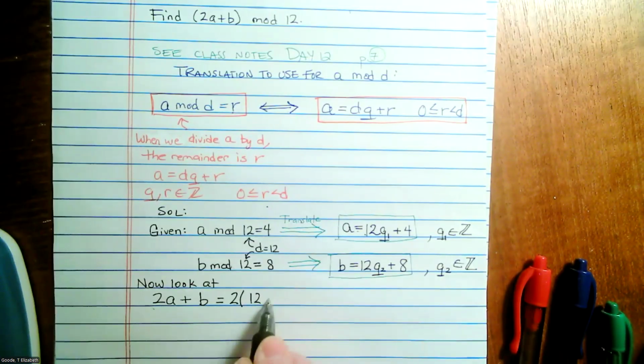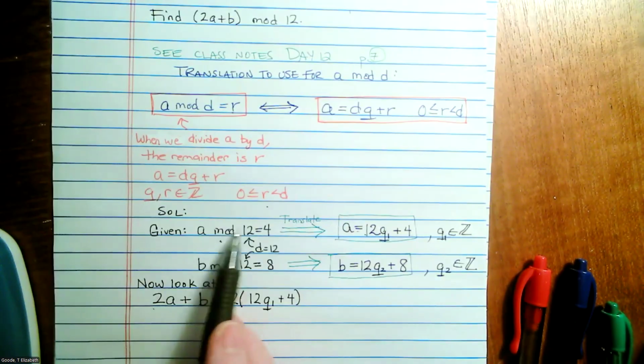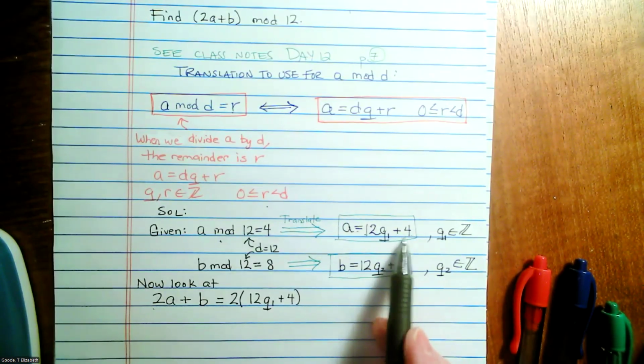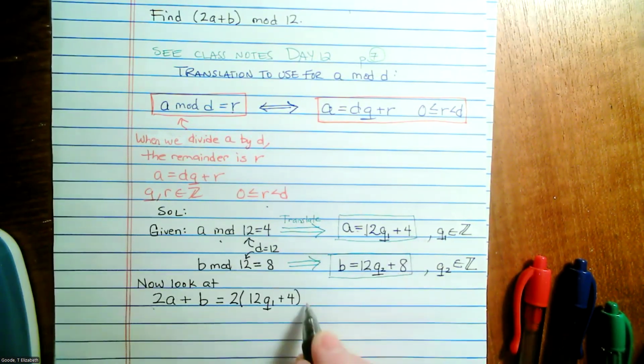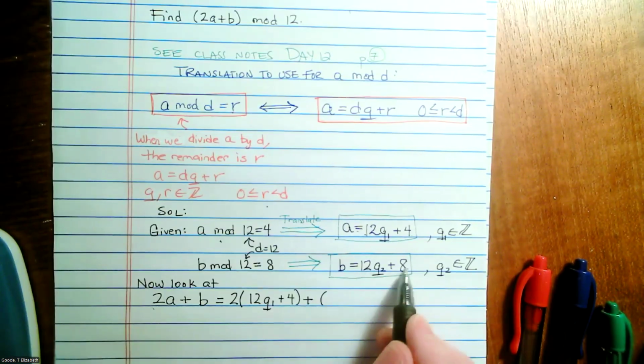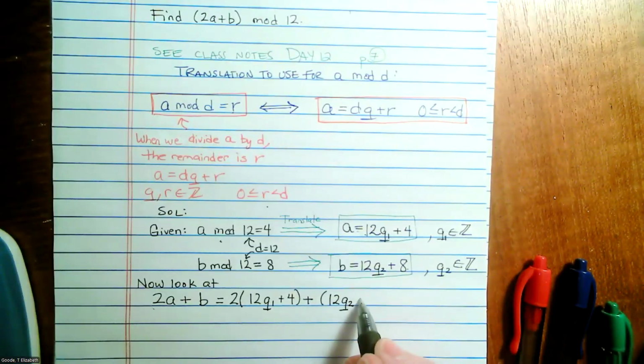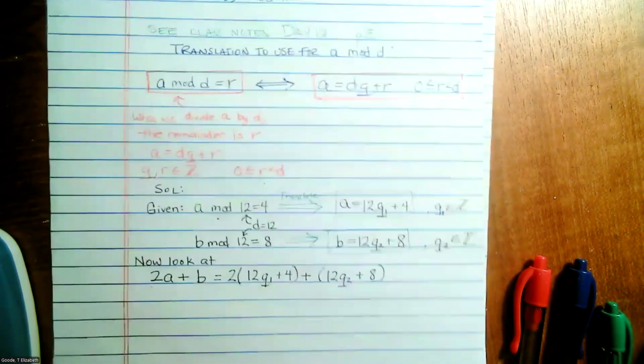A is 12Q1 plus 4, simply because we know when we divide A by 12, the remainder is 4. So A has to look like this. Plus B. Well, B mod 12 is 8, so B looks like 12 times some number of copies, Q2, plus 8. So that's 2A plus B, just using our equations.